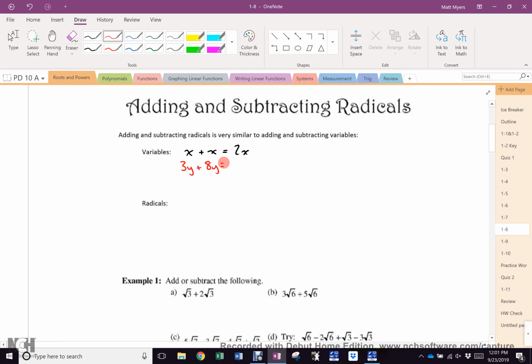What is the answer? 11y. 18q minus 13q. 5q. And finally, 8x plus 3y minus 5q. Exactly. 8x plus 3y minus 5q.